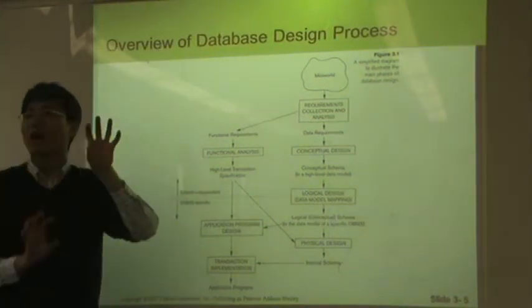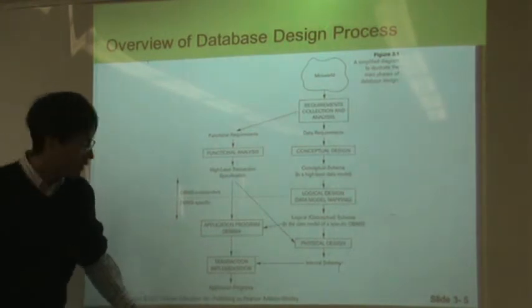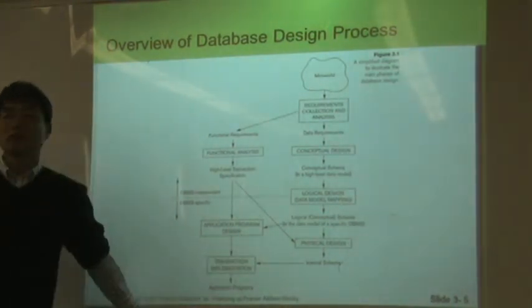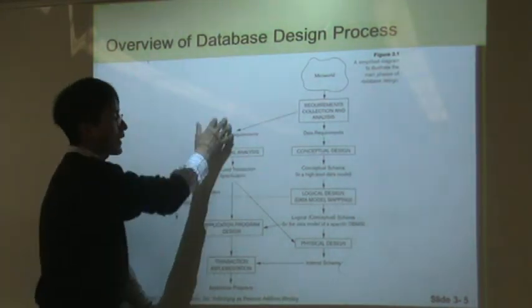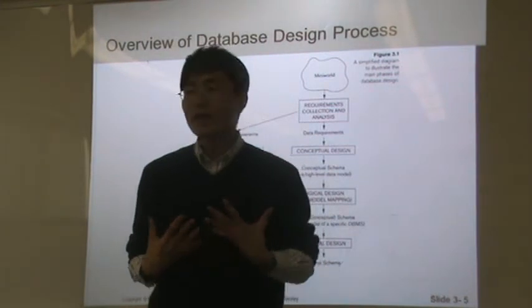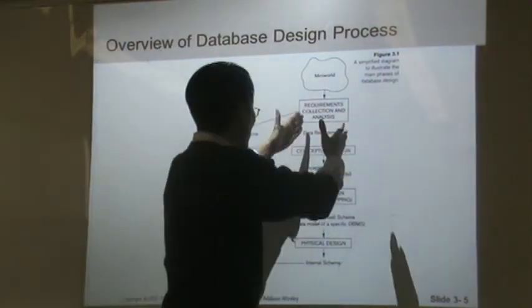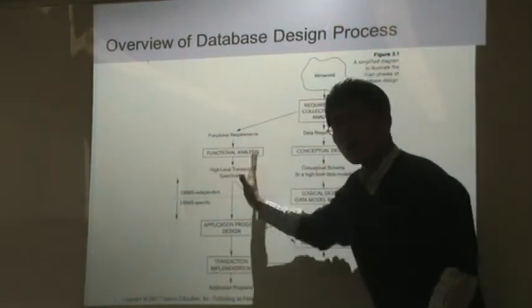Then what is the input and output? Then application design, then implement, test, and finally you have the application program. In addition to the application analysis, we are doing database programming, database design. At the same time, it's not a totally different thing.